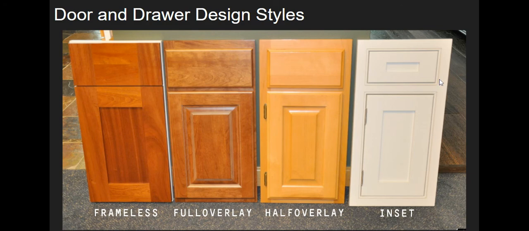An inset panel or an inset door or drawer front is that this drawer is completely even or pushed into the face frame, and it's even with the face frame. It's not hanging out like these guys are over here. It's inset, it's inside of that face frame, and it's what they call flush. It's kind of like one big flat panel.